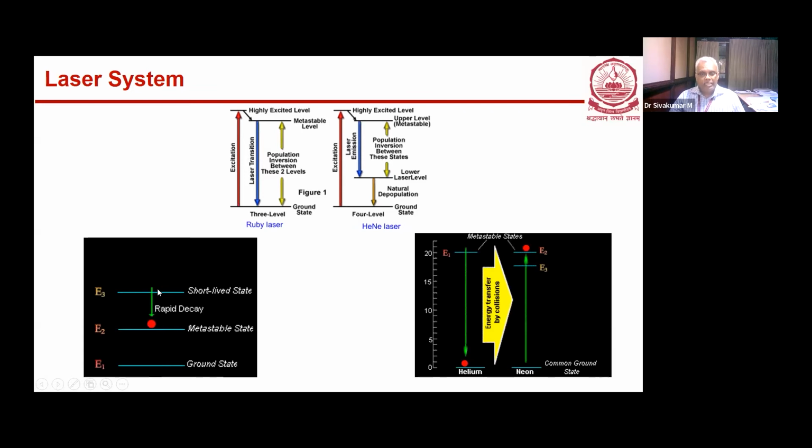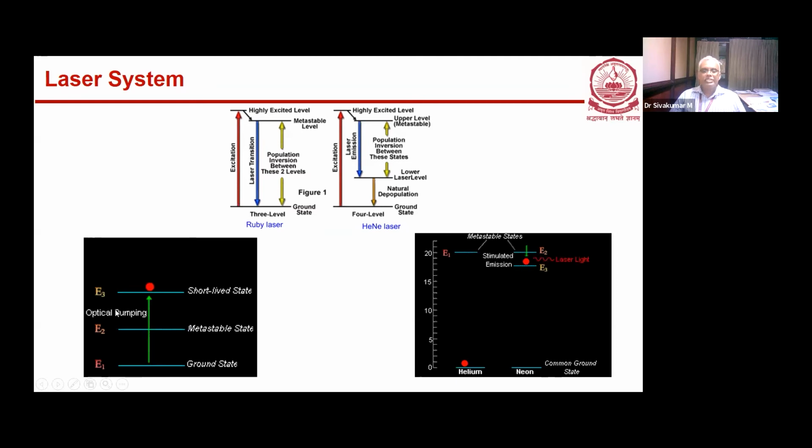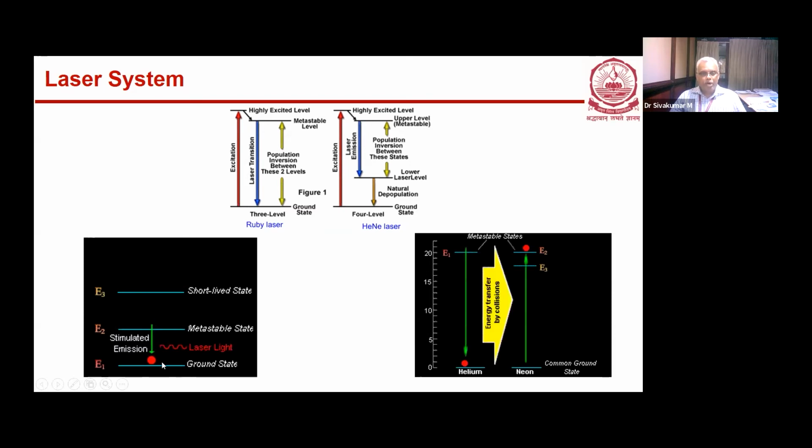From that, it goes to the metastable state, because the lifetime of atoms in the metastable state is slightly higher than the lifetime of atoms in the excited level E3. If this is possible, it is very easy to produce population inversion between E2 and E1. When the population inversion is produced between E2 and E1, stimulated emission is possible and laser emission takes place.